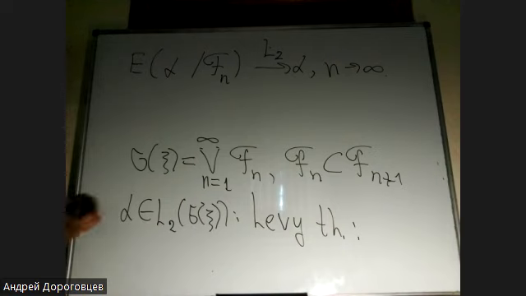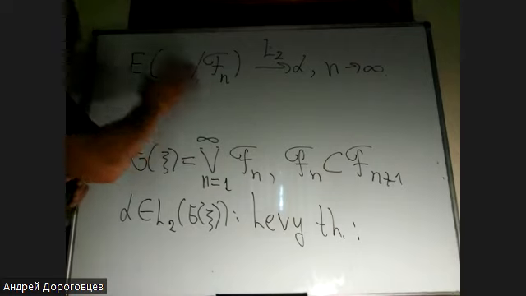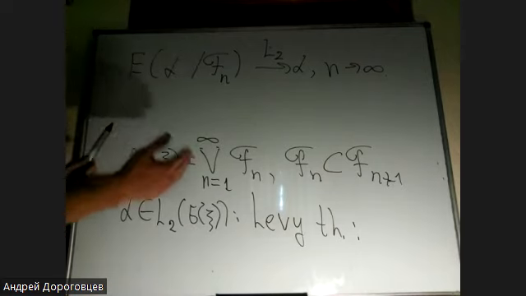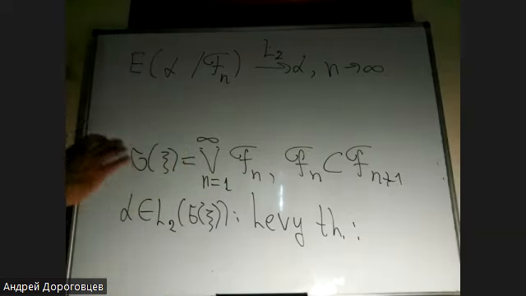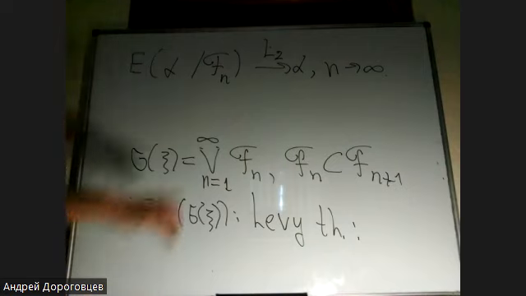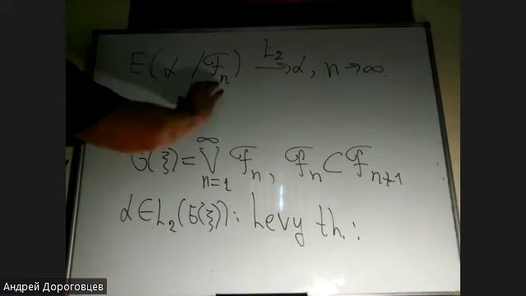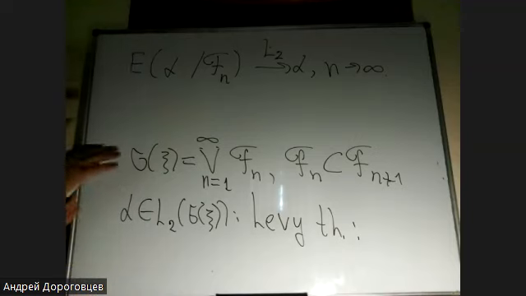And maybe you understand that using this statement, we can proceed as follows. Let us consider this random variable. It is measurable with respect to a finite number of coordinates of our generalized random element. Then we will get an expansion. Then we will discuss the properties of this expansion and prove that when n tends to infinity, this expansion tends to some good formula.